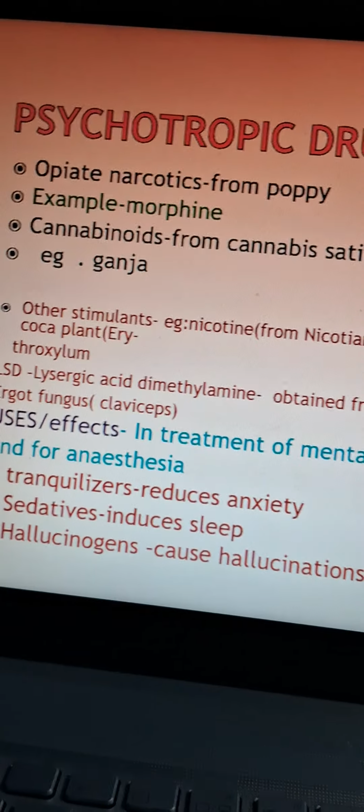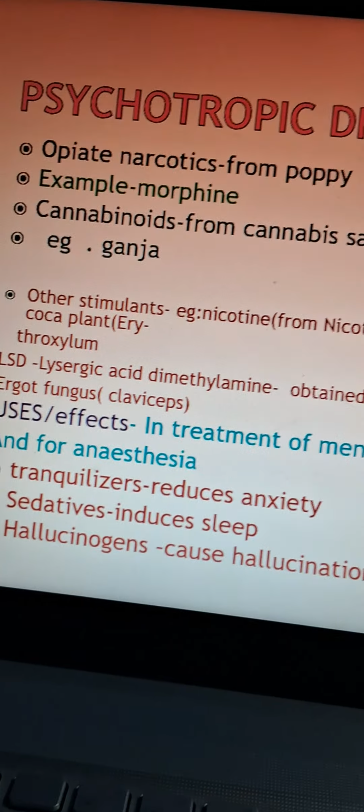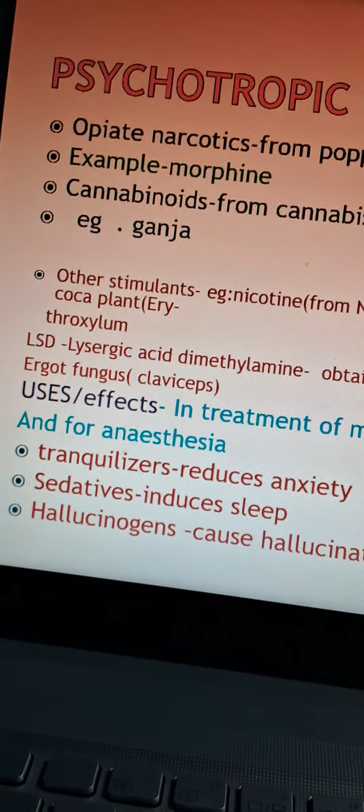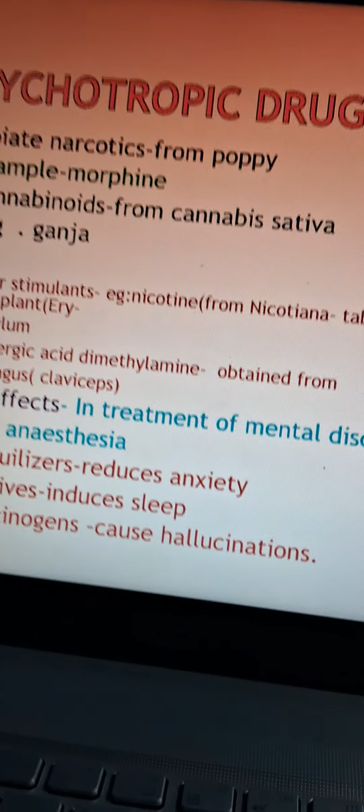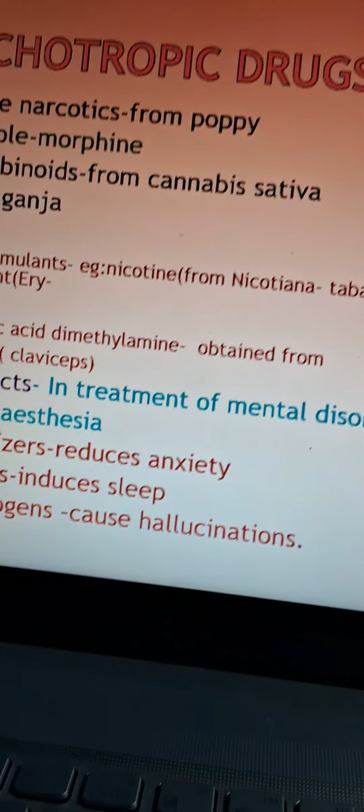They are used as tranquilizers, which reduce anxiety, or as sedatives, which induce sleep, and as hallucinogens, that may cause hallucinations.